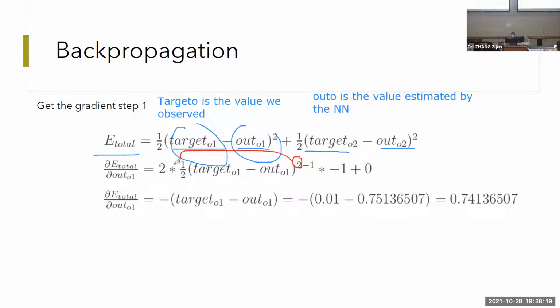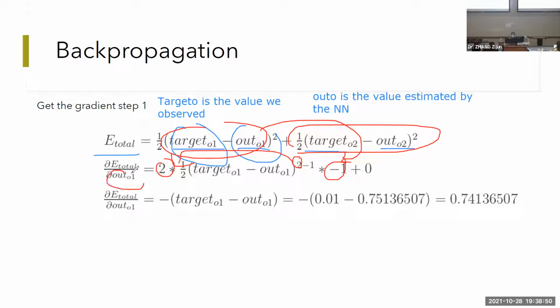We first bring the 2 to the front, so 2 minus 1, and 2 multiplied by 1 over 2 is 1. And there's a chain rule: for the inside, the derivative of the target is 0 and the derivative of the out becomes -1. Then plus 0, since the second term has nothing to do with the output at output node 1. This one is very straightforward, right?